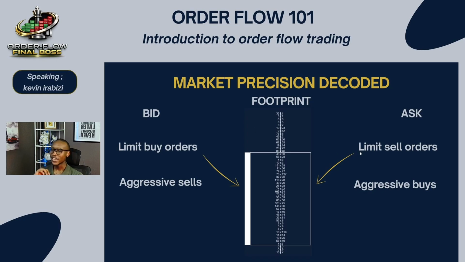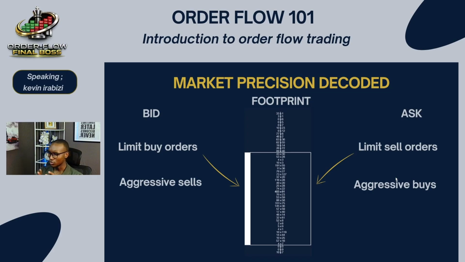And we said on our ask side, we have sell limit orders, and those sell limit orders are executed by aggressive buyers. And that is why we say passive orders do not transact between themselves, as well as aggressive orders do not interact or transact between themselves. So aggressive orders only transact with passive orders.